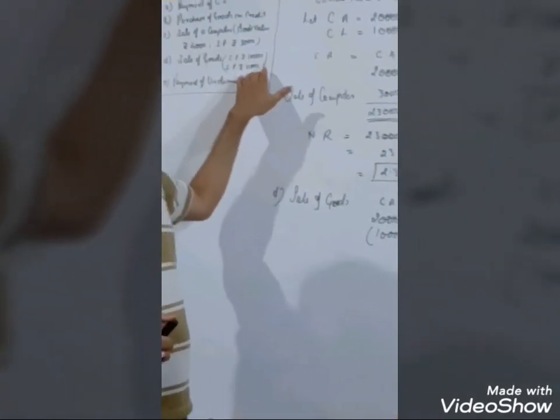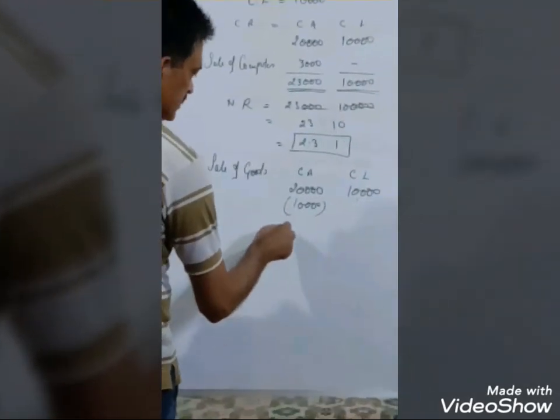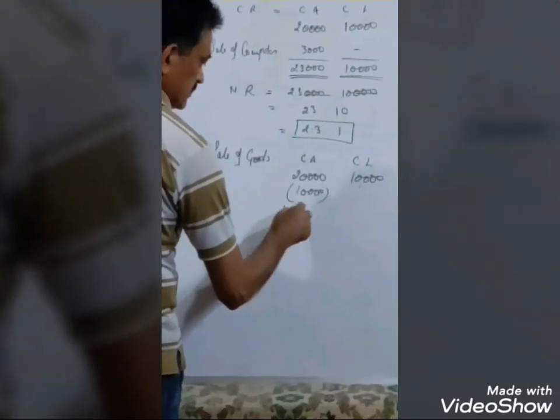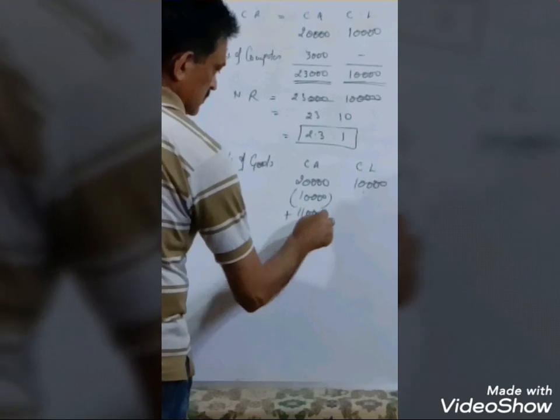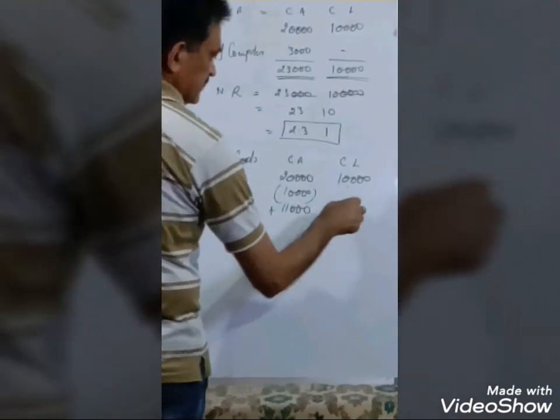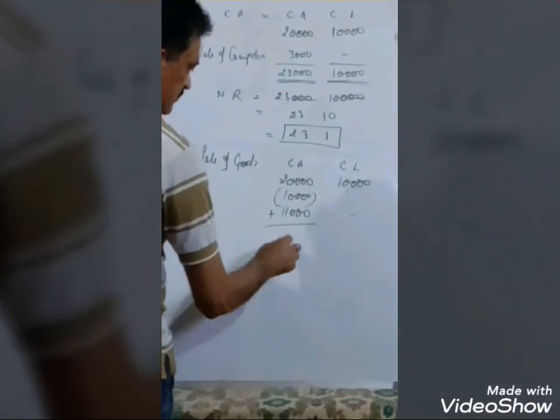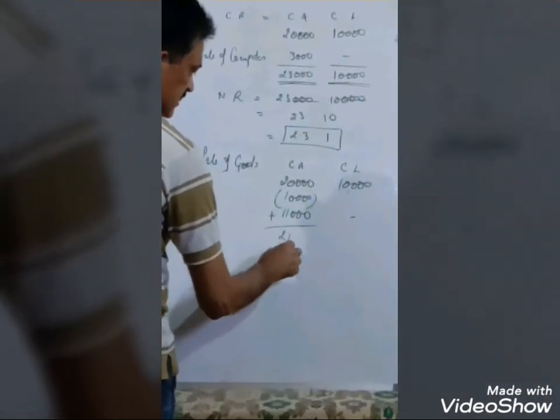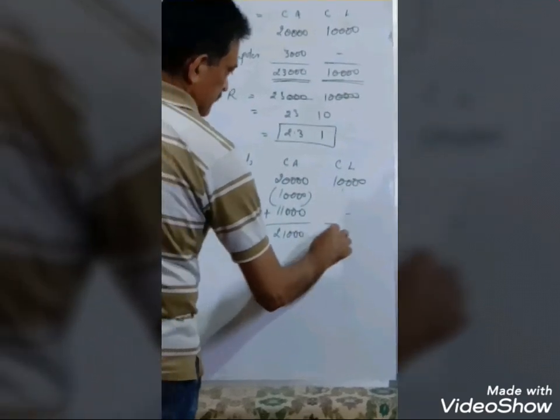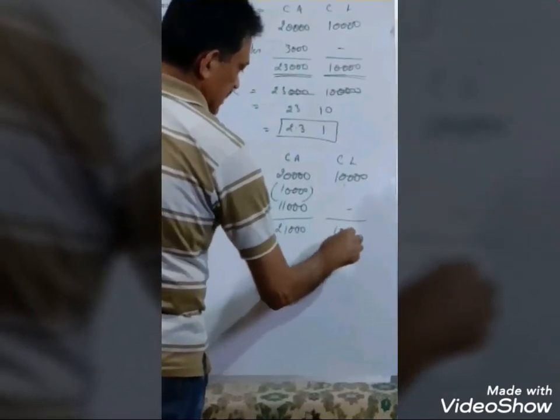Now, in lieu of these goods, we have received cash of rupees 11,000 because the selling price is rupees 11,000. So this will also increase your cash. No effect on current liabilities because cash is a current asset and stock is also a current asset. Now there is a net increase of rupees 1,000. The current assets shall become 21,000, whereas current liabilities shall remain at rupees 10,000.